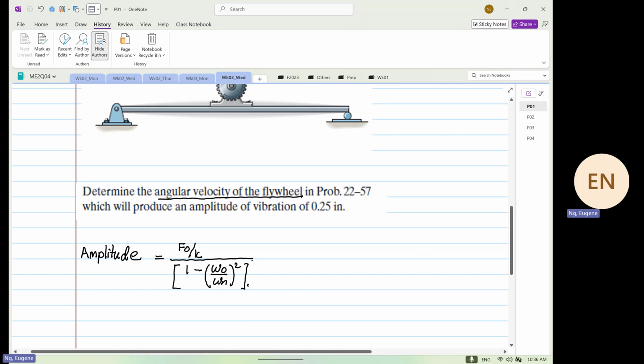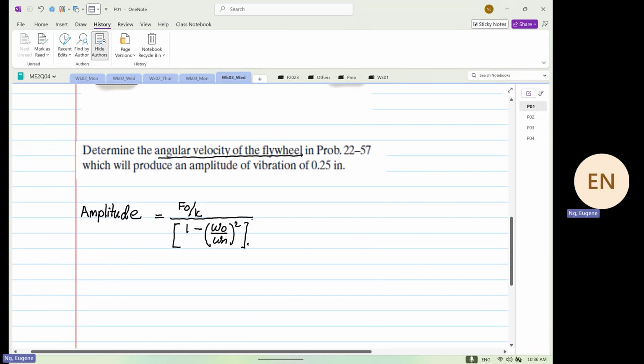And we have found our K already. The K we determined, if you look at last week, was 1,800 pounds per foot.